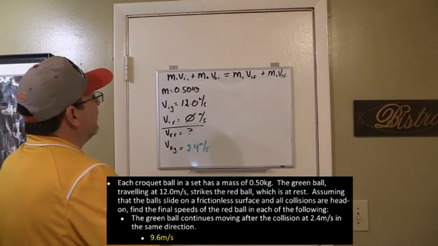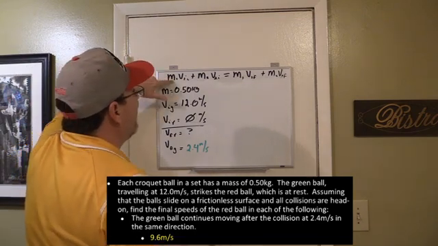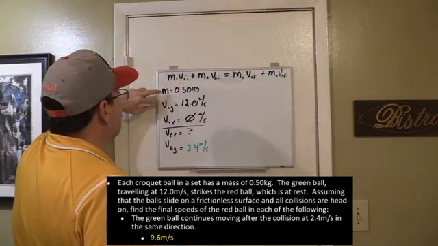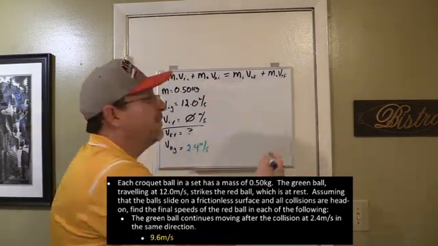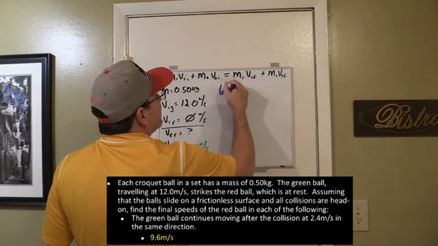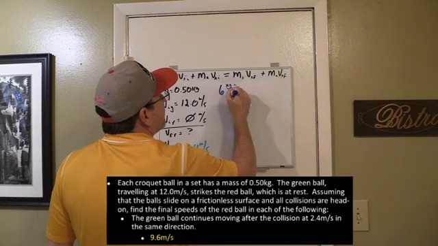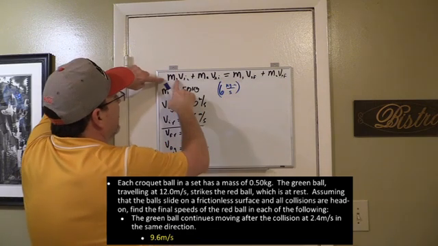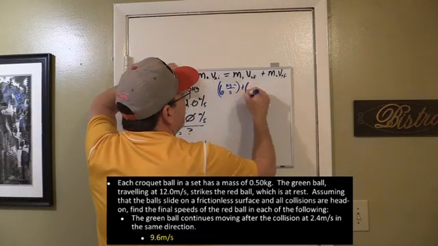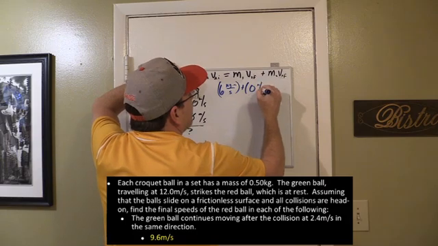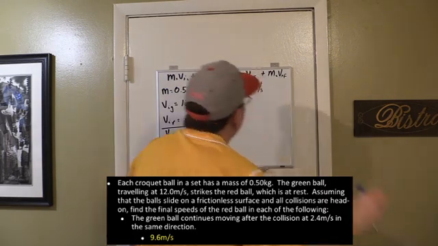Okay, so let me go ahead and do these real quick. I know mass times velocity 1, that's going to be 6. I'm just going to go ahead and do the math because of my space. So I have 6 kilogram meters per second. Mass 2 times velocity 2, that's going to be 0 because it's at rest, 0 kilogram meters per second.